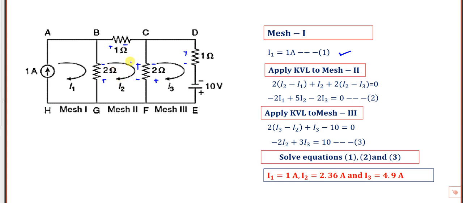For mesh 2, two currents are flowing in the 2 ohm resistor, this is plus here, minus here. So there is a mismatch in the plus to minus. So 2 into I2 minus I1, and in the 1 ohm only one current, that is I2.